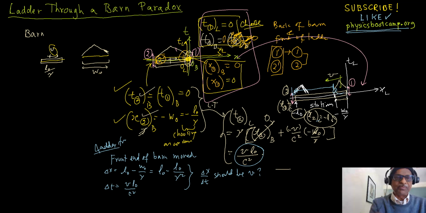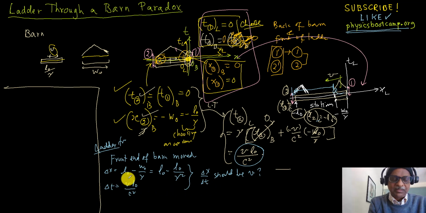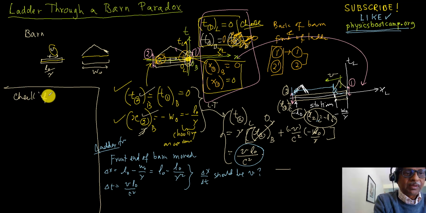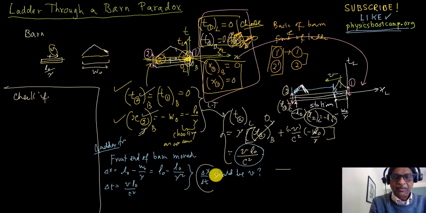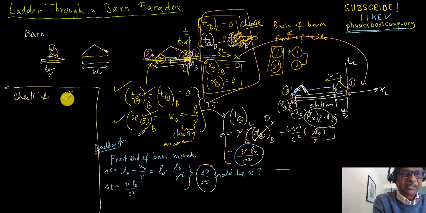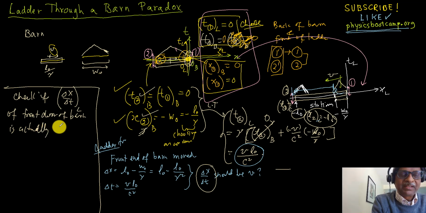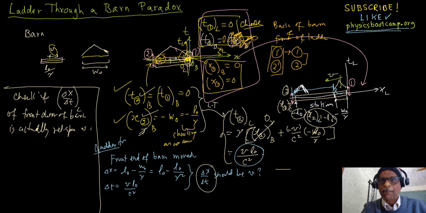To be consistent, we should check if delta X over delta T in the ladder frame of the front door of the barn is actually that relative speed V. It's not that hard to do.